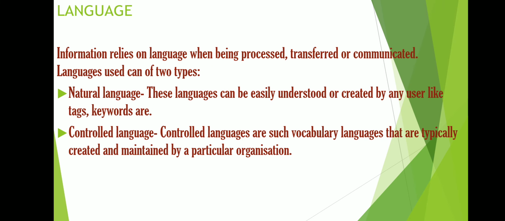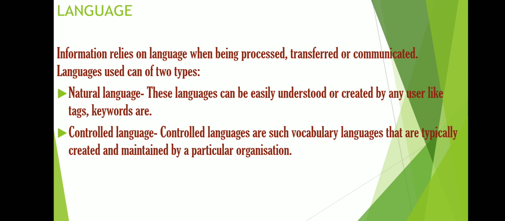Now talking about the language, which is again one important component of drug information or simply an information retrieval storage system. The information which is electronically written is based on the language being processed, transferred or communicated.